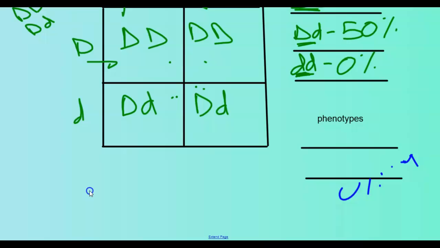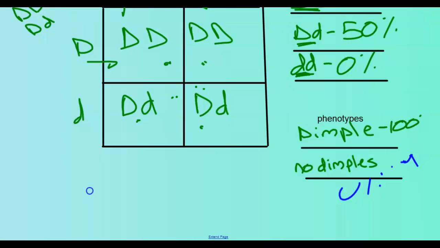All right, let's look at the phenotypes. Now the problem said that this trait is dimples. So in this case, the phenotype is what you actually see in the person's physical traits. So we're either going to have dimples or no dimples. And I can figure that out because I know that this is a 1 gene trait. If you have the dominant gene, you have the trait. So I know there's 1, 2, 3, 4 children who are getting one of the dominant genes.